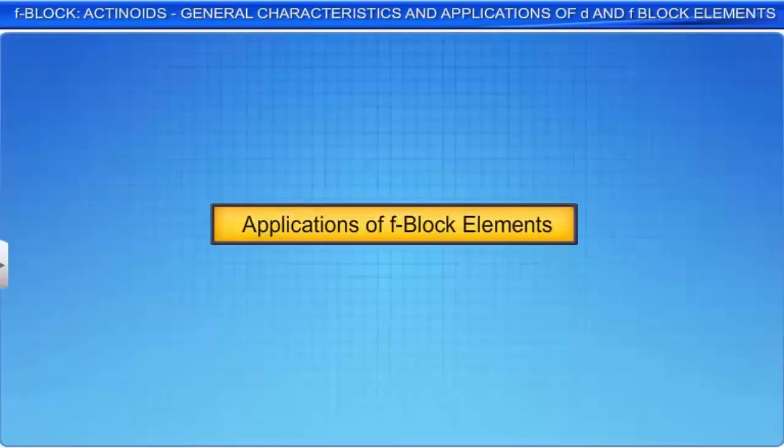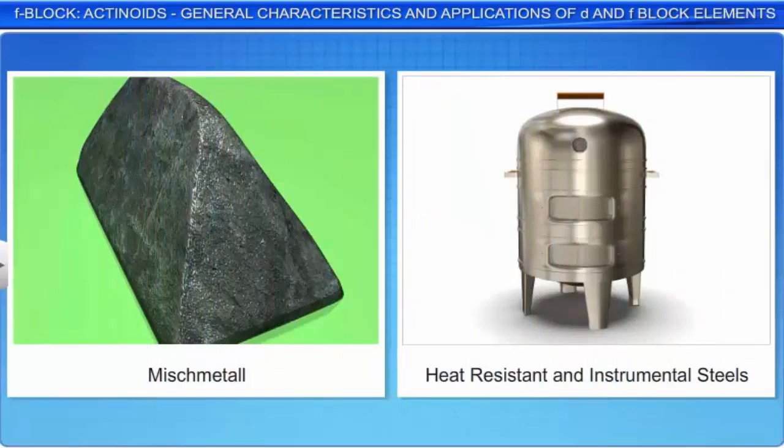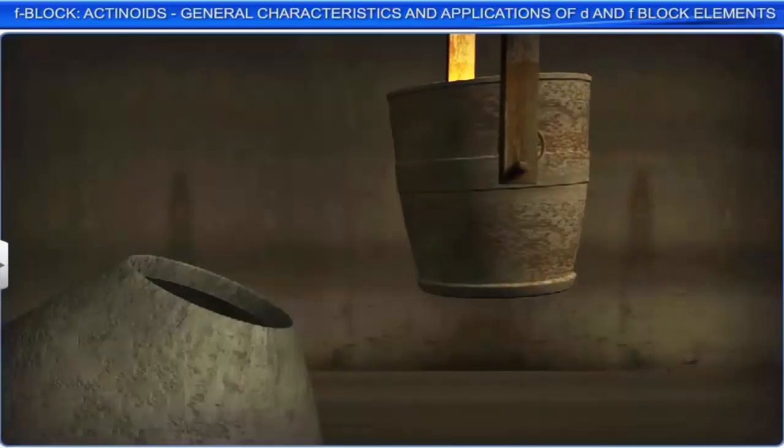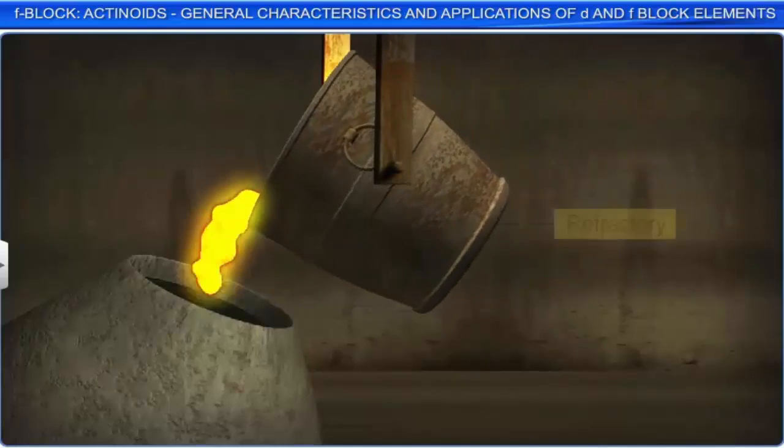Here are some applications of f block elements. Alloys of lanthanides, known as mish metals, are used for the production of heat-resistant and instrumental steels. Borides, carbides, and nitrides of lanthanides are used as refractories.